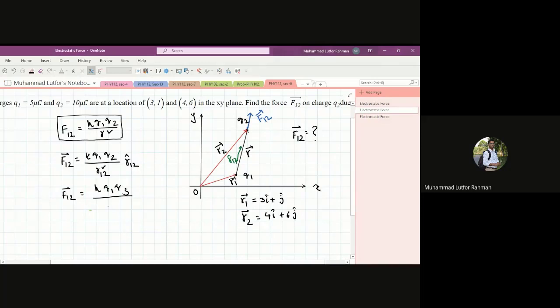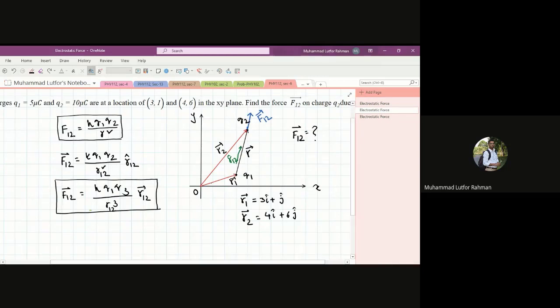So the force is K Q1 Q2 over R squared times the R12 vector. I'm going to use that formula to find the force directly without the component method. With the component method you have to know the angles, and I don't want to do that. It works for this two-dimensional case, but in the three-dimensional case it is very difficult to find the components.